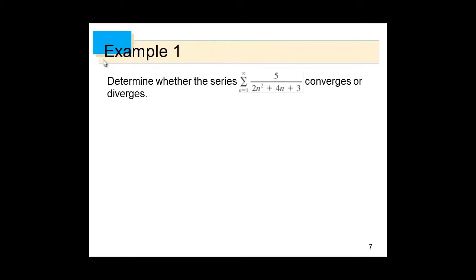Okay, let's look at another example. Let's say I have this series. These are the kinds of problems you have in your exercise, okay? Let's say the question is: determine whether the series converges or diverges. The series is the sum, n going from 1 to infinity, of 5 divided by 2n squared plus 4n plus 3.